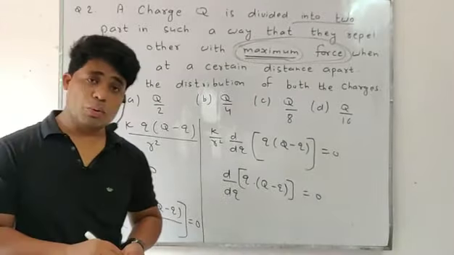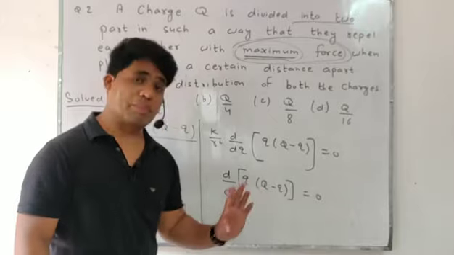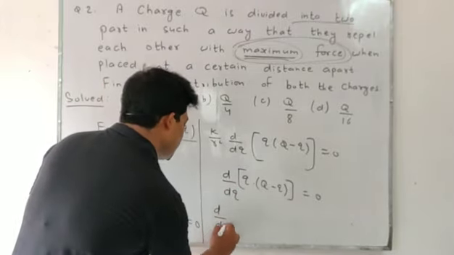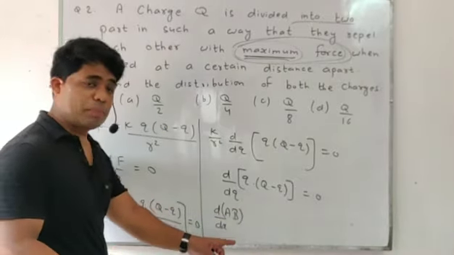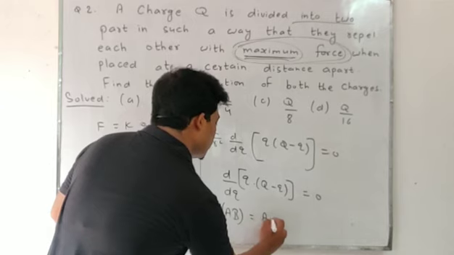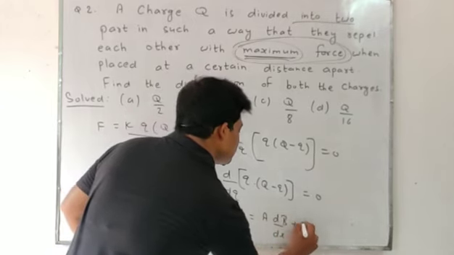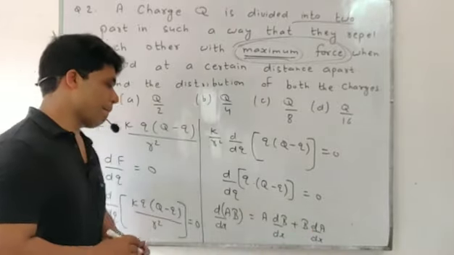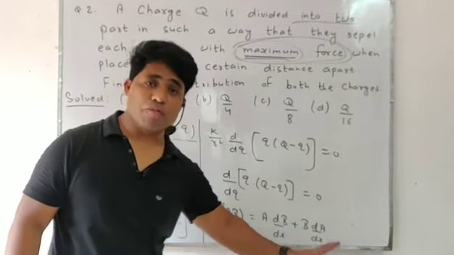Now students, we have to use the formula of differentiation. We are given two components in multiplication. Look at the formula, d by dx of a into b. If two components are in multiplication, first as it is into differentiate of second, plus second as it is into differentiate of first.